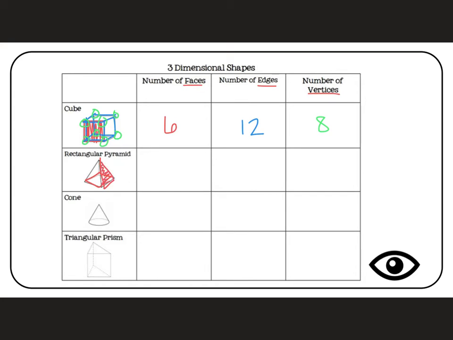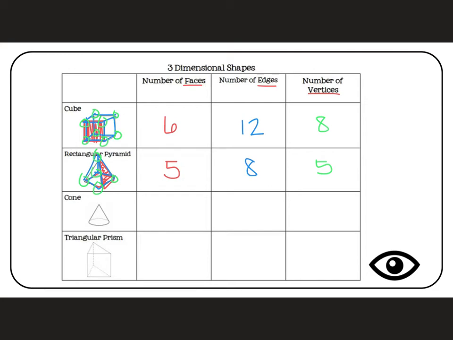There are 4 triangles that go around the outside, plus the square on the bottom gives us 5 faces. It has 1, 2, 3, 4, 5, 6, 7, 8 edges, and it has 1, 2, 3, 4, 5 vertices.